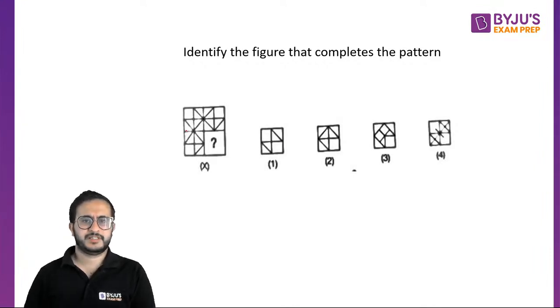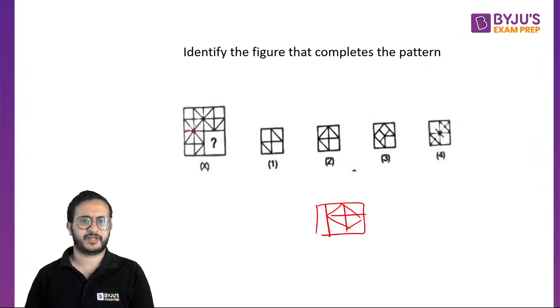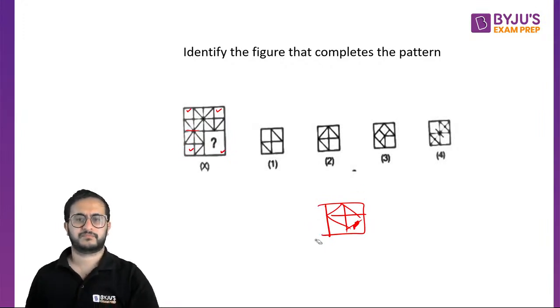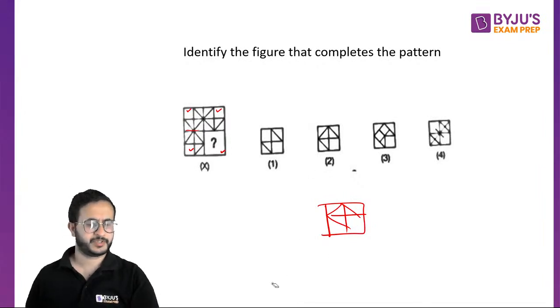So if you see this, you have the complete figure and one side missing out of it, right? So one slant side is missing. In this case, this side is missing, this side is missing, this side is missing. So this side should be missing. We will have an image like this, which is present in option 2.